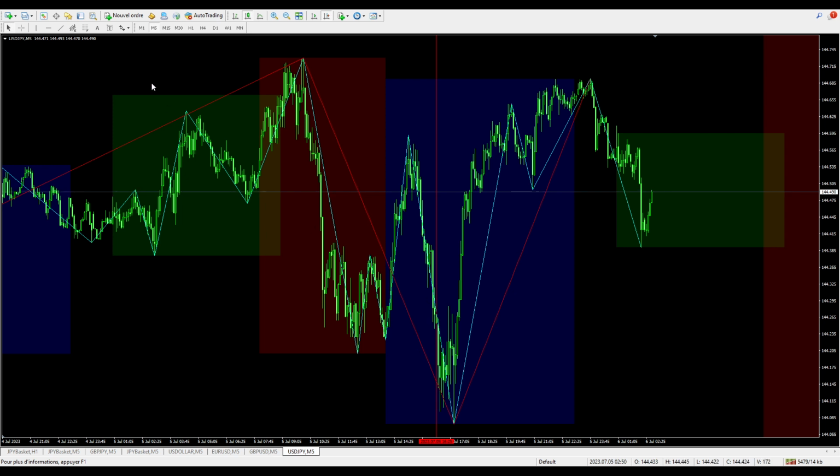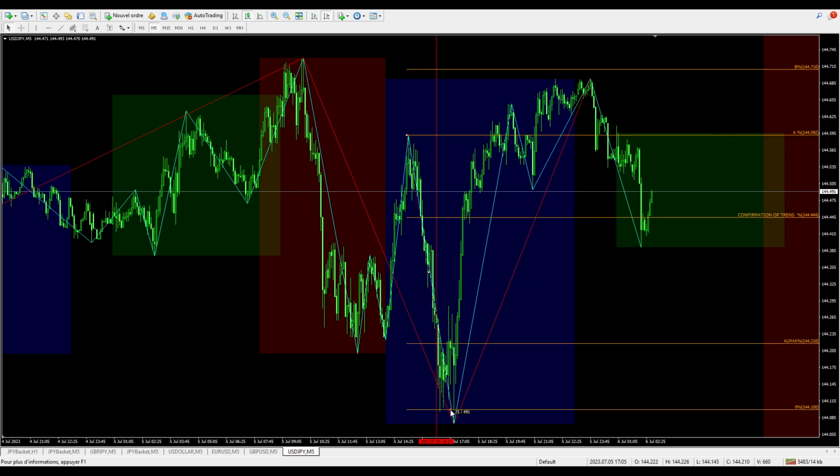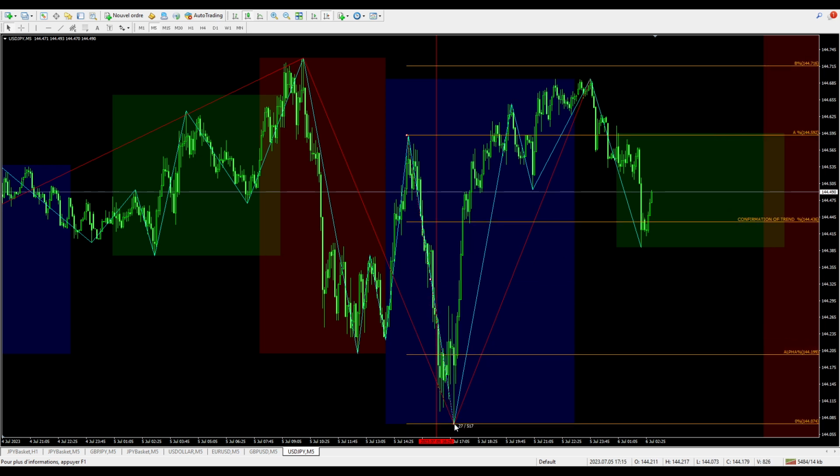And if I have to place my Fibo levels here, it's based on experience, but I prefer to place my levels here until the lowest low, sorry. So from this price to the lowest low to have a better view of what's happening.